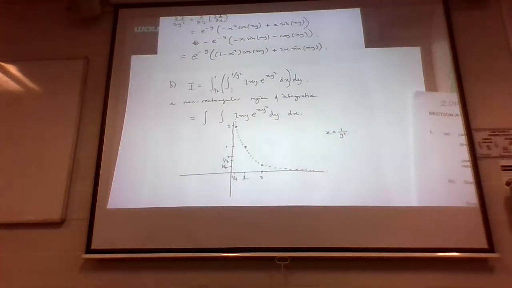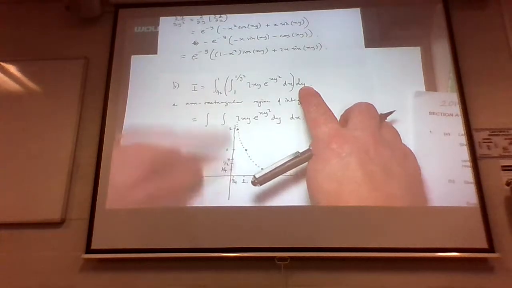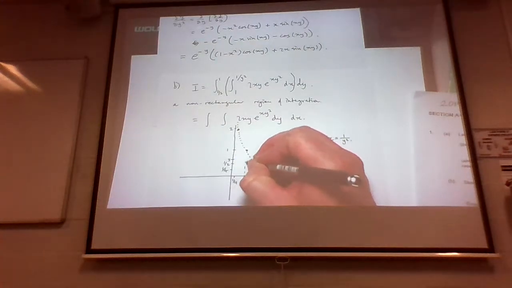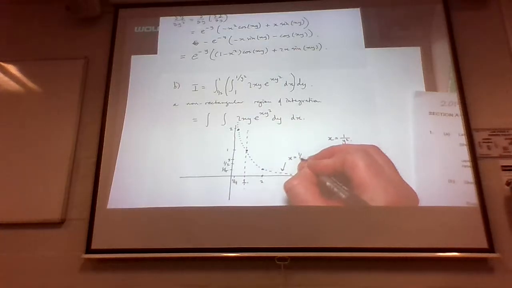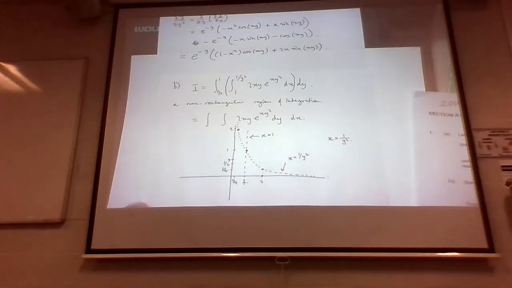Yeah, so, okay, that was fun, but where are we? For a typical value of y, x begins at 1. So this is the curve x equals 1. This thing here is the curve x equals 1 over y squared. So x begins at x equals 1 and proceeds up to the point on this curve.